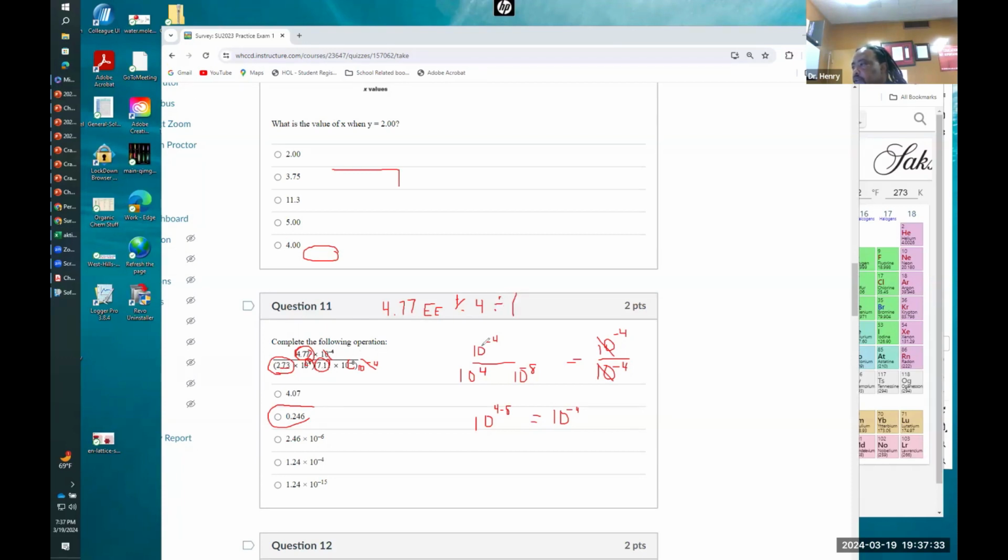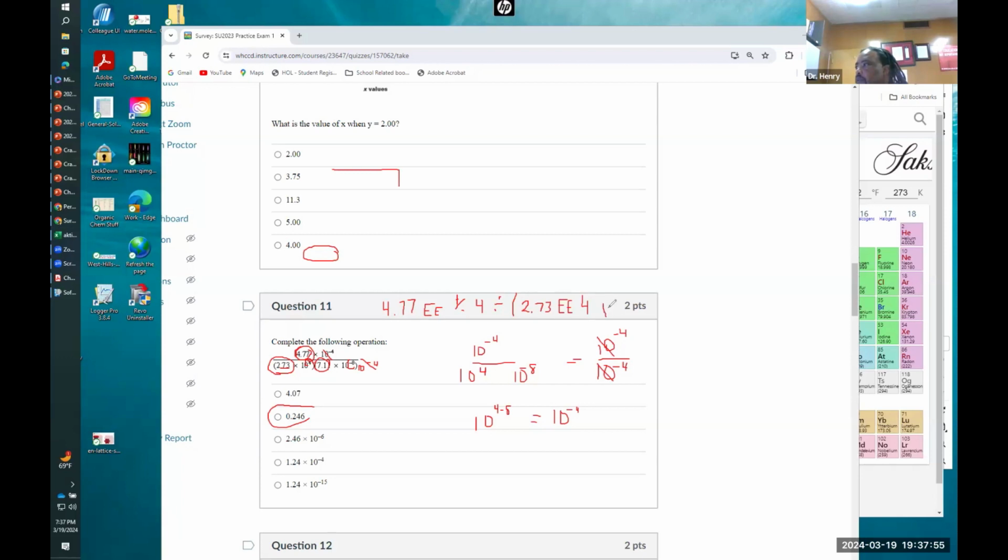parentheses. And then you're going to do this one here, 2.73. You're going to use your calculator or phone EE, 4.